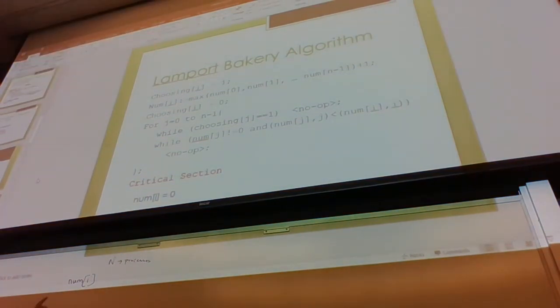So we declared okay, there is an array, and the array has a number for each process. And we said that we use a new type of operator. This operator is num I less than num j.